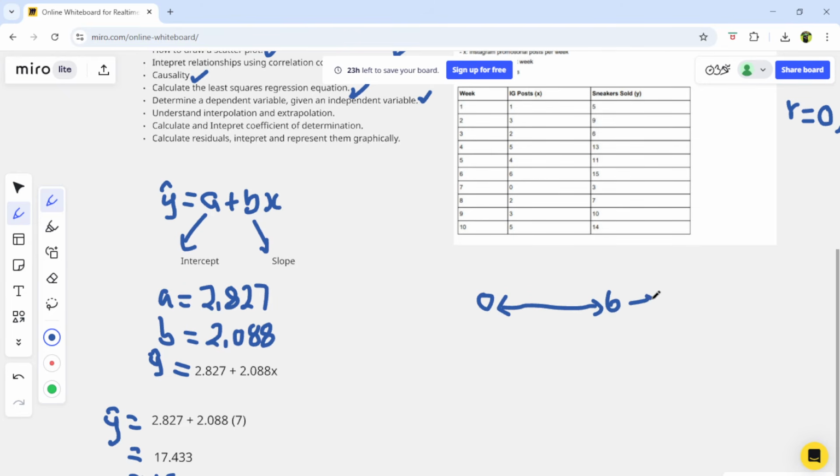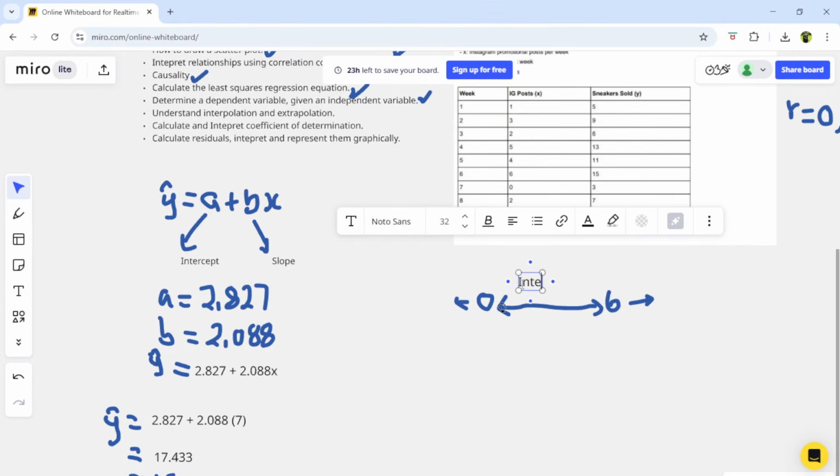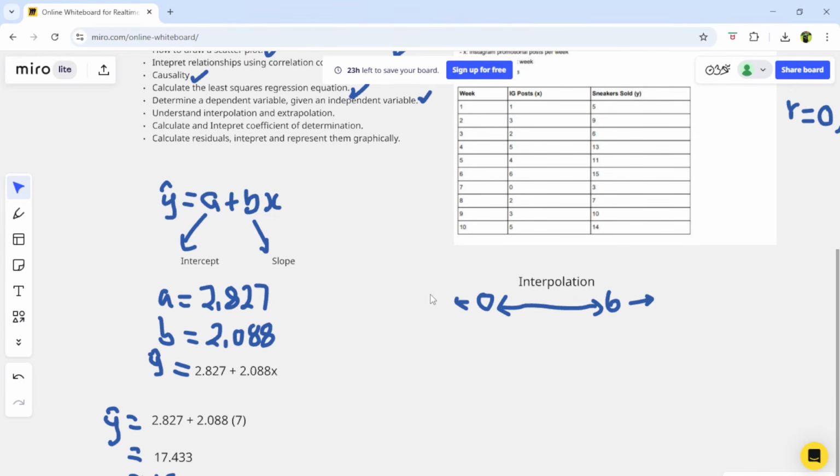All right. So now this is interpolation, and then everything going that side is extrapolation.